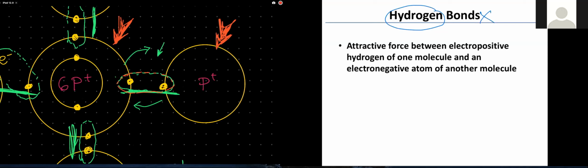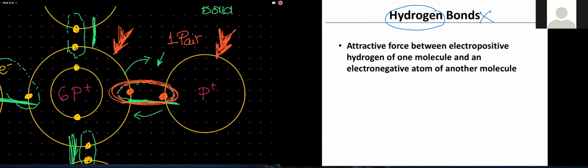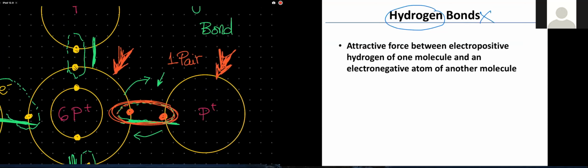One pair of electrons. This one is sharing a single electron, this one is sharing a single electron. So both of them are sharing one pair of electrons. So what do we call this? Single covalent bond.